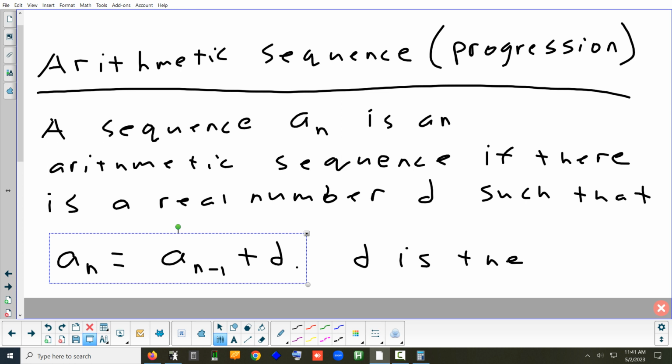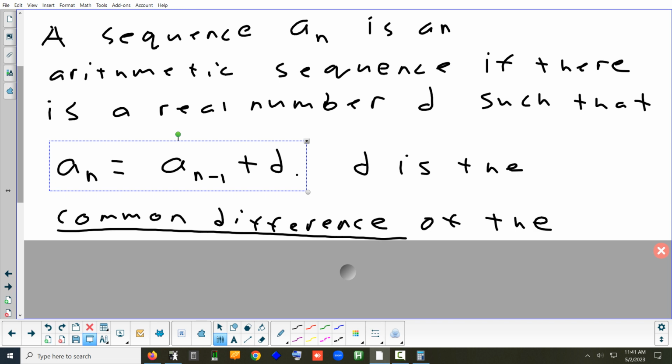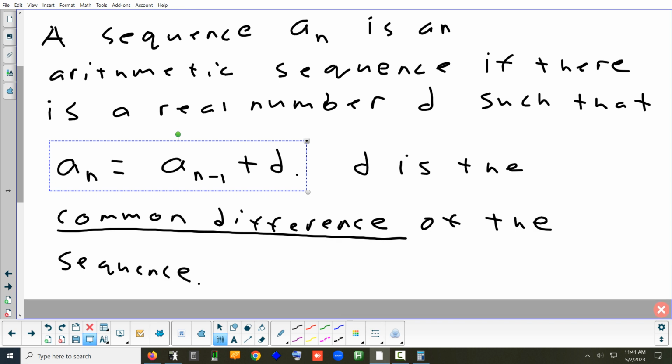So the next term is always the previous term plus some value. And the reason we use the letter D is because D is called the common difference of the sequence. So you might be like, well, wait, you said you're going to add to get from one term to the next. Why are we talking about a common difference? Well, look at this.